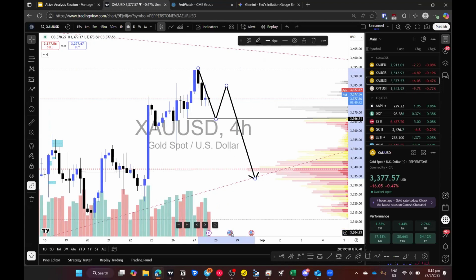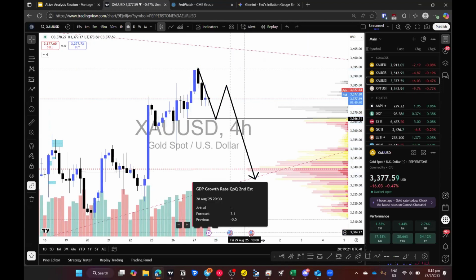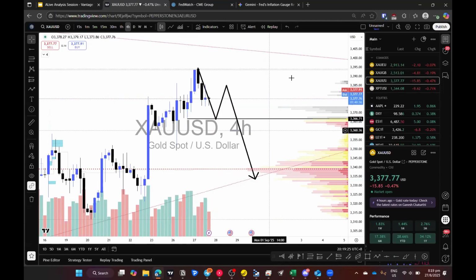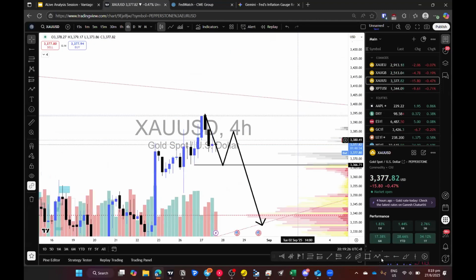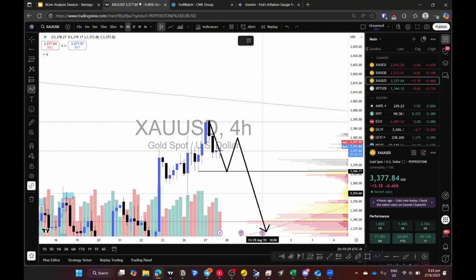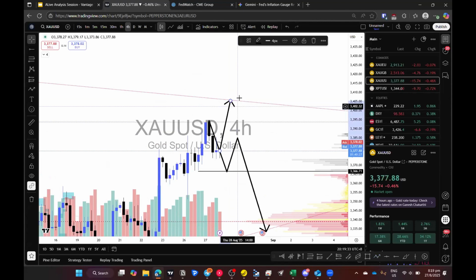Again, we have the key news coming out tomorrow as well as on Friday, so we can expect a big move. This is the counter trend, but ideally we would like to see the price move up to the upper boundary of that consolidation range.